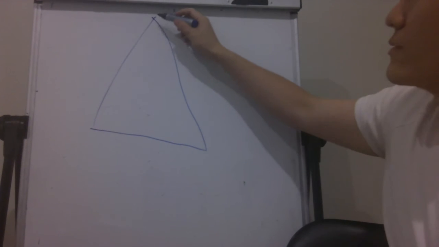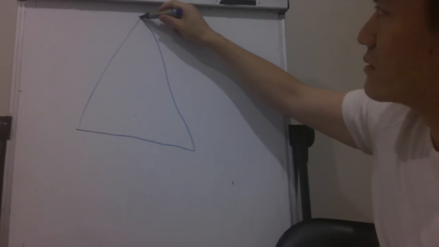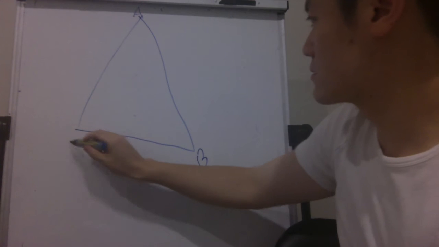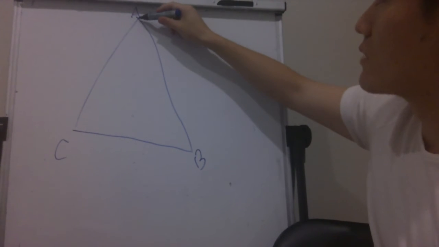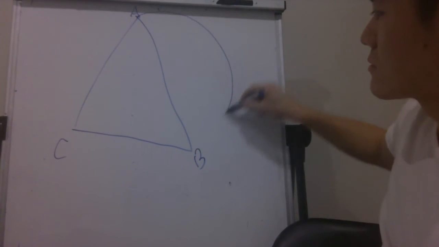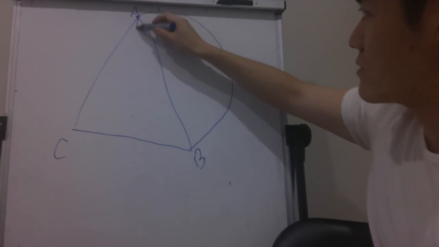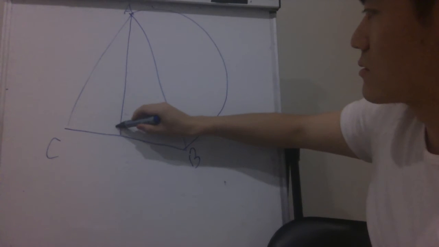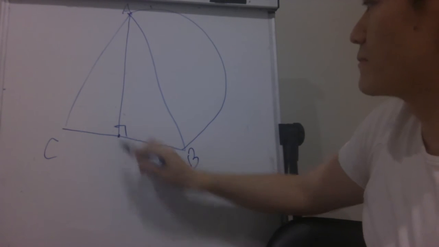So if you have a triangle and you make a circle with AB as a diameter, then the altitude lies on the circle, right?